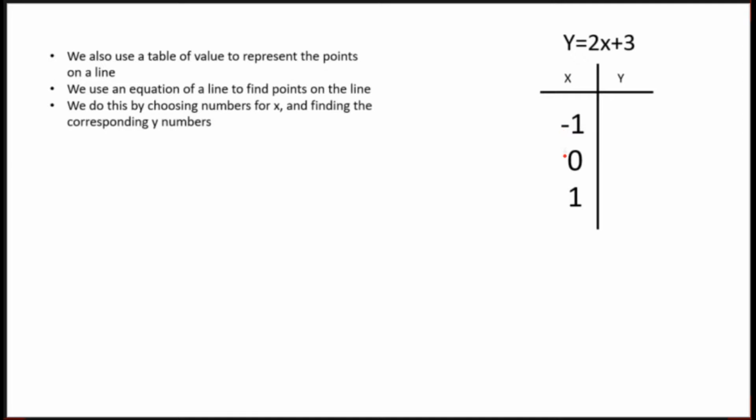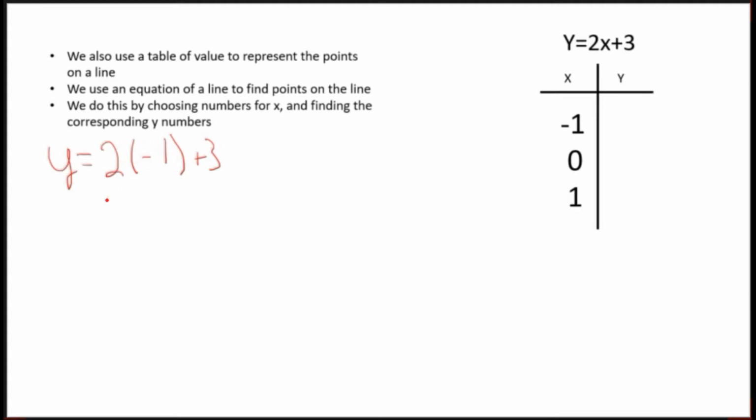I've already chosen x values for our equation, then we're going to find the y values. So let's go ahead and do that. I'm going to rewrite the equation, but instead of putting x, I'm going to put in -1. So we'll have y equals 2 times -1 plus 3. And I'm just going to simplify this side, and what I get out of it is the corresponding y value for -1. So using our order of operations, you're going to have multiplication first.